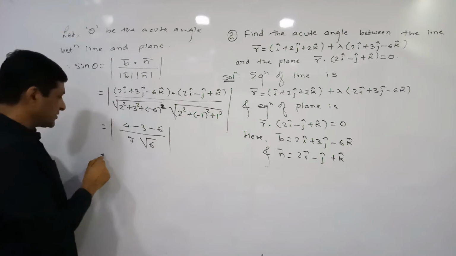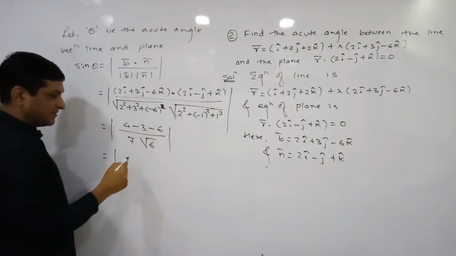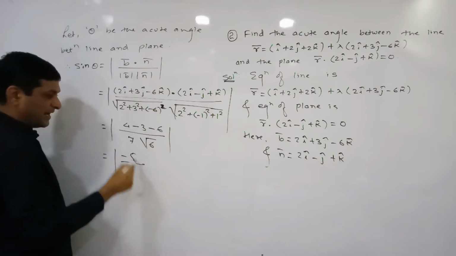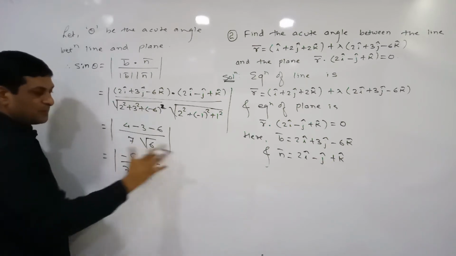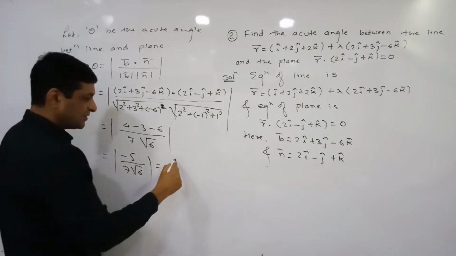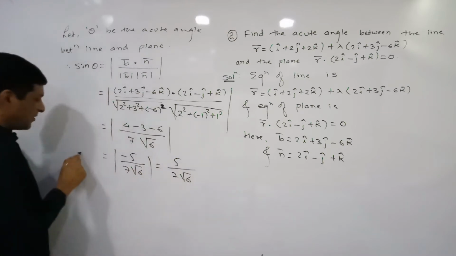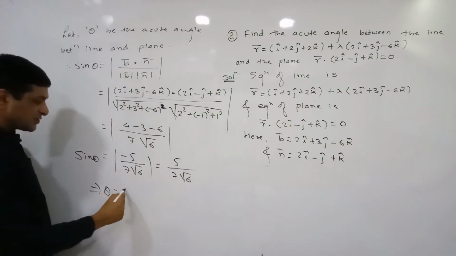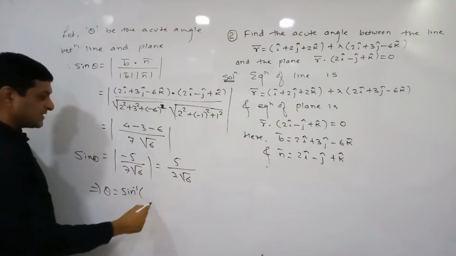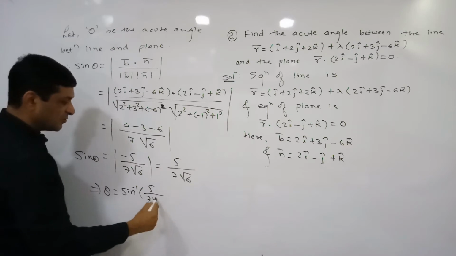See what we are getting here. 4 minus 9 will be equal to minus 5, and in the denominator 7 root 6. Now taking the value outside the mod, it becomes 5 upon 7 root 6, and this is the value of what? Sin theta. So theta is equal to sine inverse of 5 upon 7 root 6.